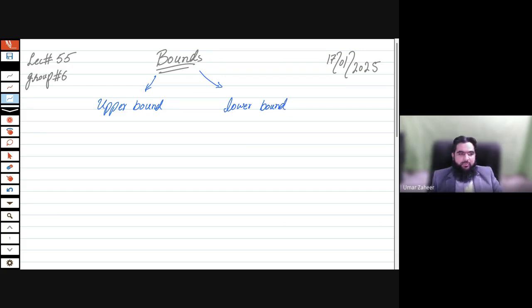We have two types of bounds. The one is the upper bound and the second is the lower bound. The upper bound is basically a maximum value a number could have been before it was rounded off.